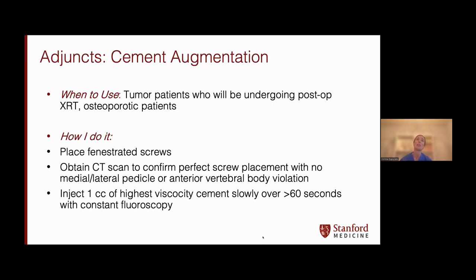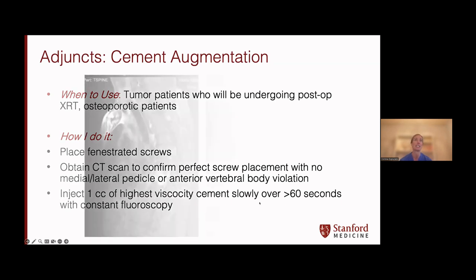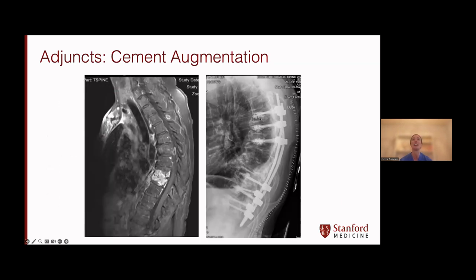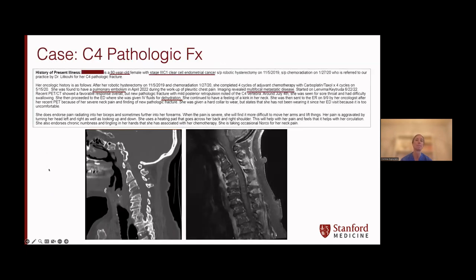I inject 1 cc of a very high viscous cement, and I do it slowly with my rep actually counting to make sure that I do that 1 cc over greater than 60 seconds. Usually, quite frankly, it ends up being up to about 2 minutes for my technique. And so you can see here, very similar to some of the x-rays that Chris showed us, these nice little clouds of cement augmentation. And this is another metastatic cancer patient who was treated this way.